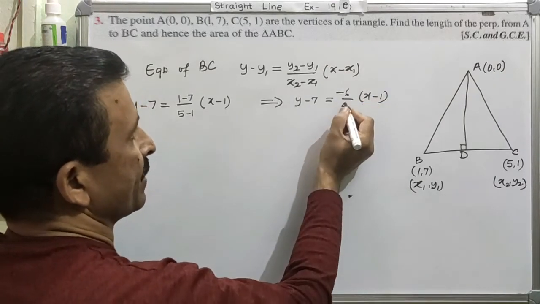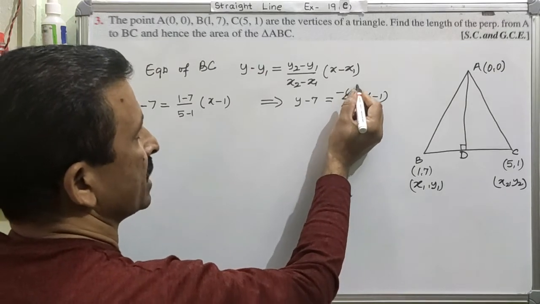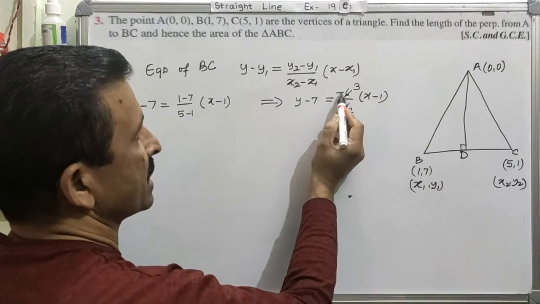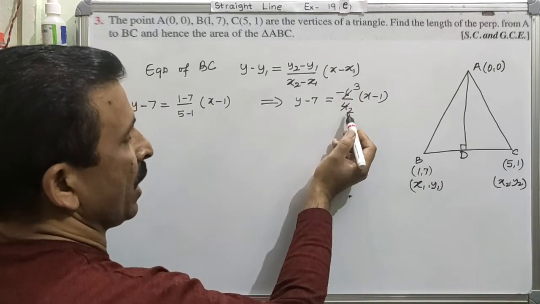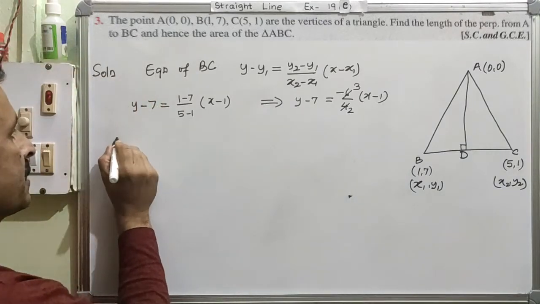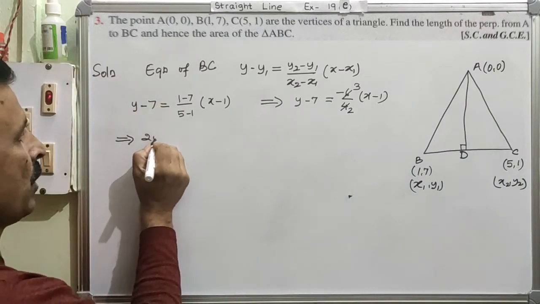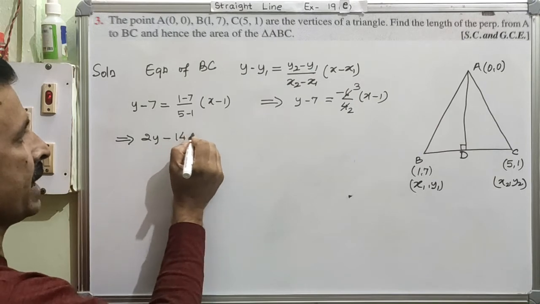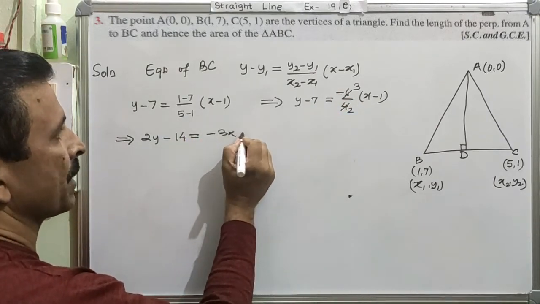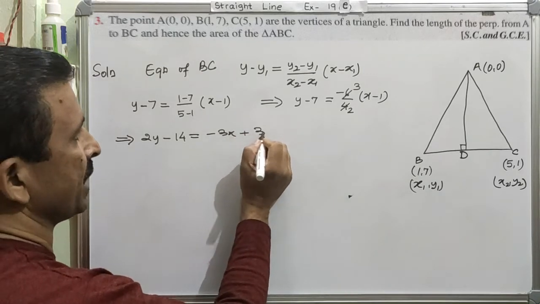Clear? These two can be simplified, so 2 to the 4 and 2 3s are 6. Now this fraction is negative, so I am going to take the minus sign with 3, and keep 2 positive, and then do the cross multiplication. So this becomes 2y minus 14 is equal to minus 3 into x, negative 3x, and then positive 3, right?